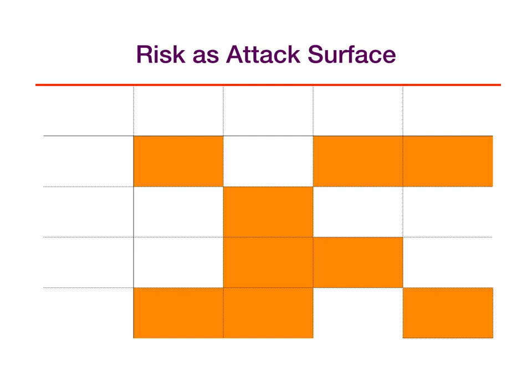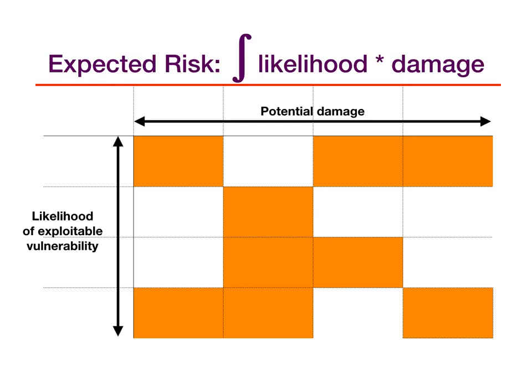I'm going to focus on using verification to lower our risk, and I'm going to use the attack surface as a way to visualize risk, as a way to think about where our risk is and how we can reduce it. Well, expected risk is just the flip side of expected value.